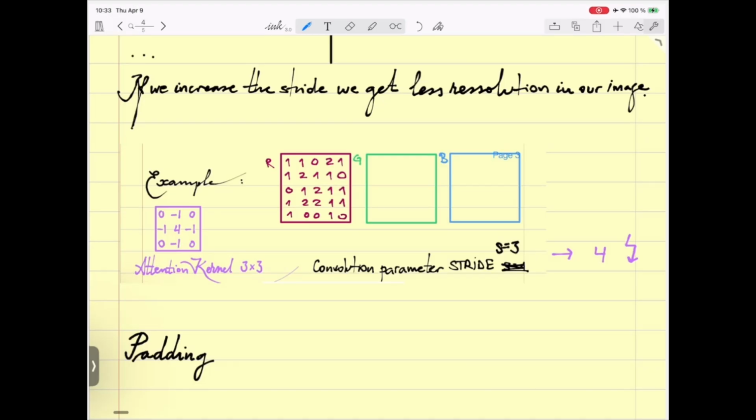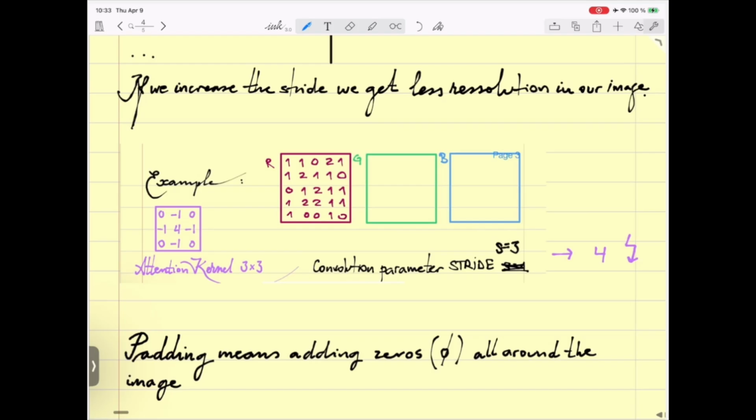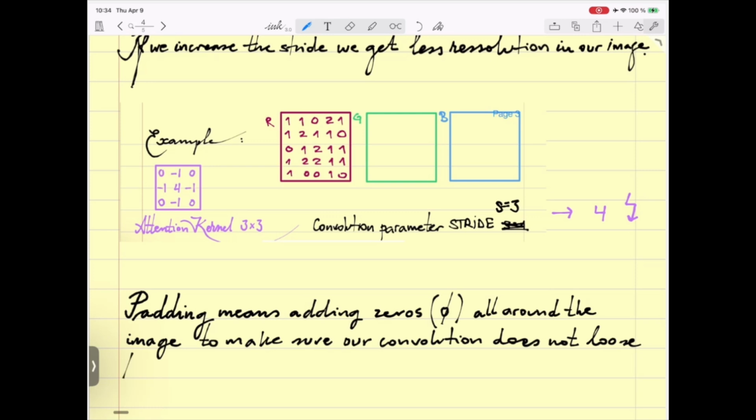Padding means adding zeros all around the image to make sure our convolution does not lose the necessary information.